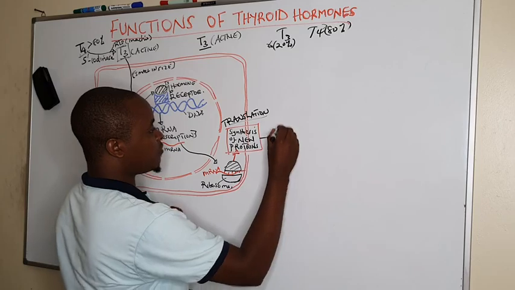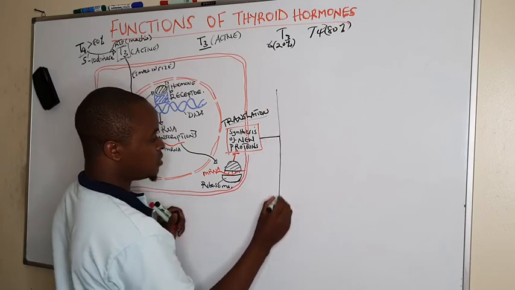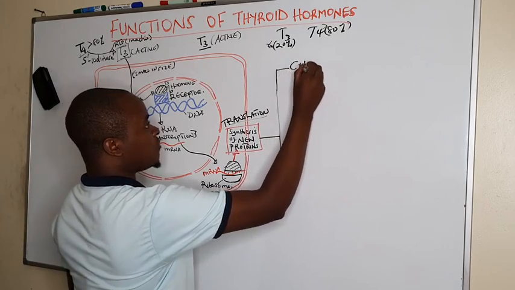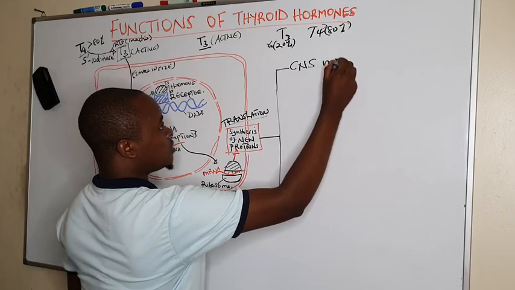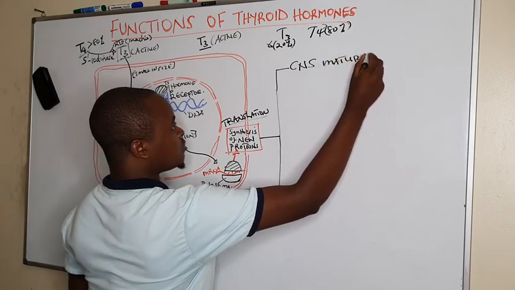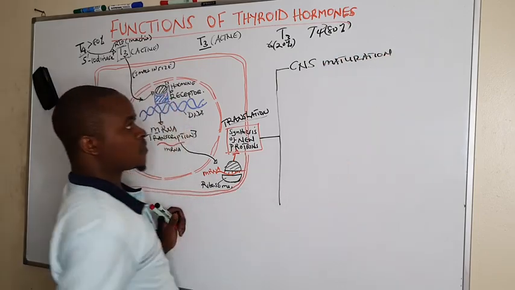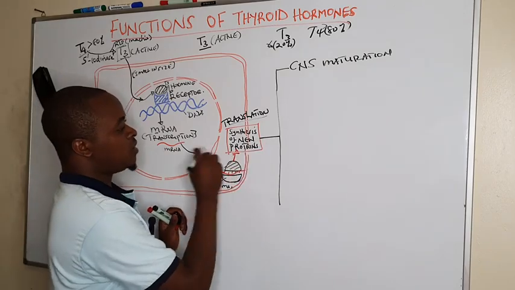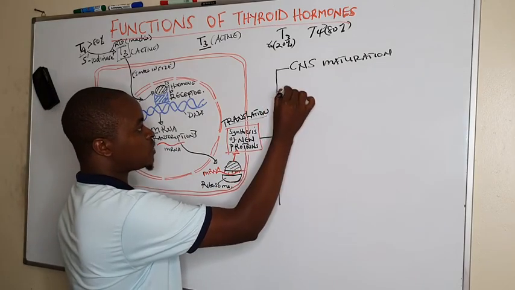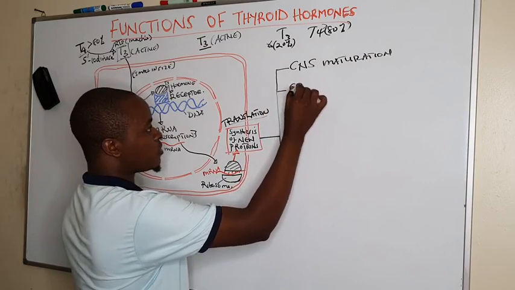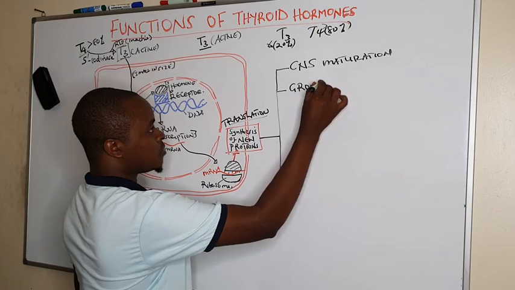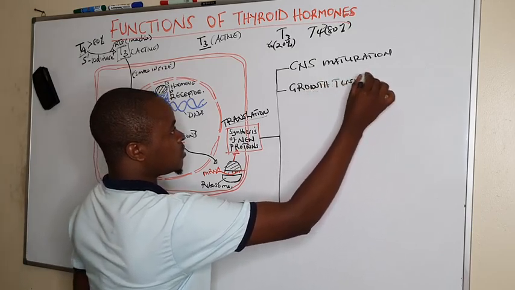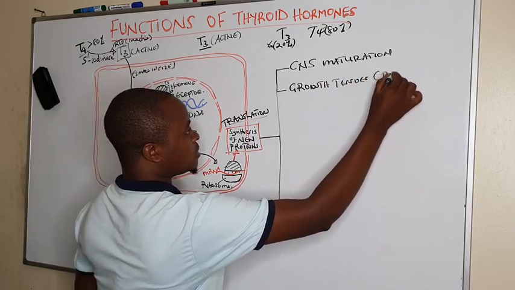We're going to see different functions of thyroid hormone, and functions include, one, central nervous system maturation. It is responsible for CNS maturation, and these thyroid hormones are also responsible for growth of tissues, especially bones.